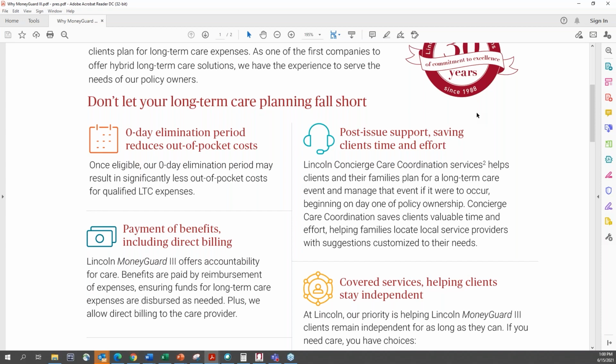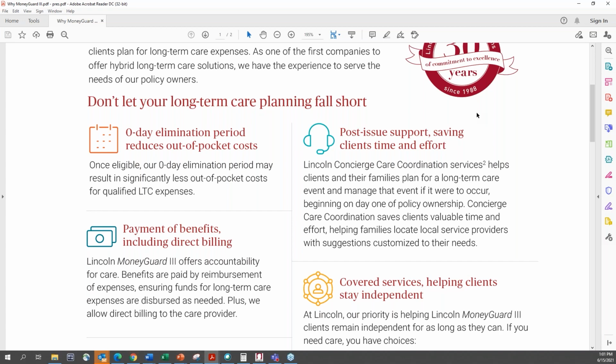The thought behind that is once your client qualifies for benefits, needing 2 out of 6 ADLs or having a diagnosis of severe cognitive impairment, they've paid into this policy for years, maybe a lump sum. Lincoln provides benefits day 1.